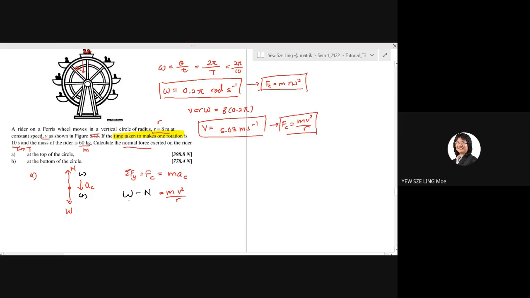Then plug in the values: 60 times 9.81 minus N equals 60 times 5.03 squared divided by r, which is 8 meters. So N is then equal to 398.8 newtons.